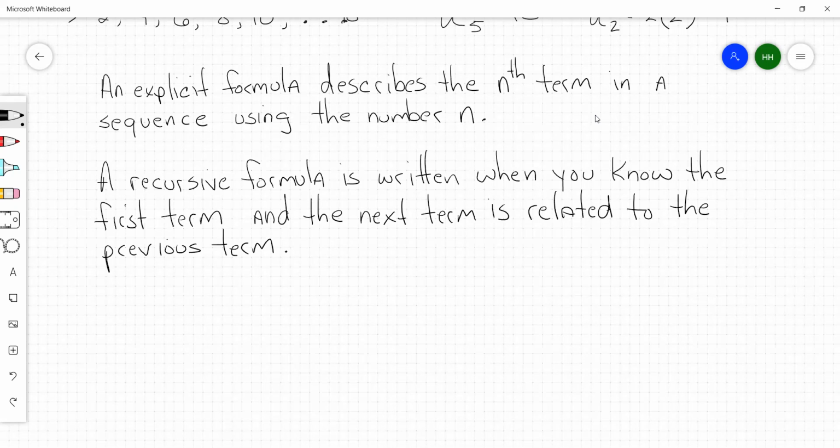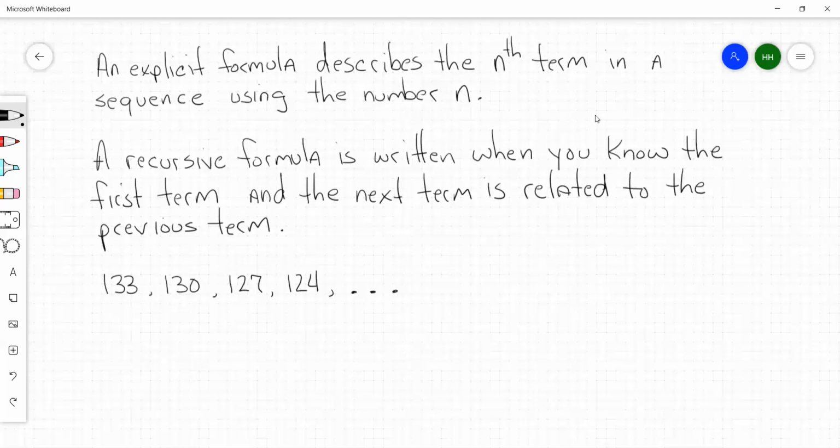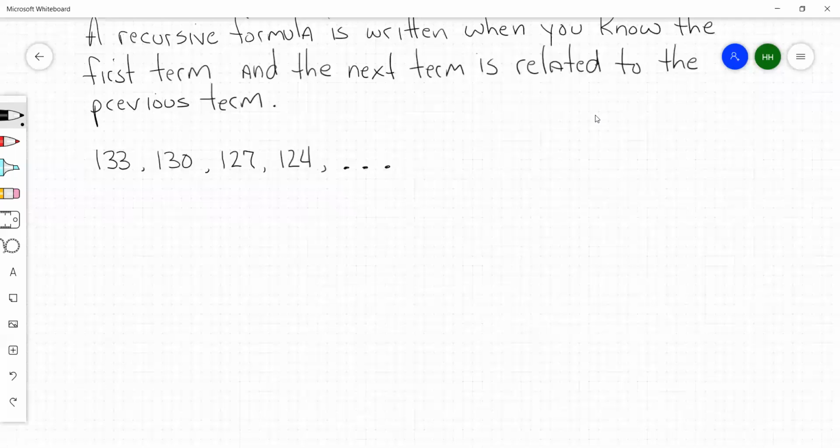So if you look at a sequence like 133, 130, 127, 124. Seeing the pattern? They're going down by 3 each time, right? All right.